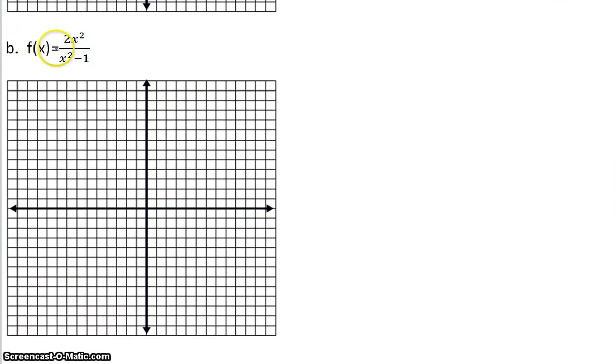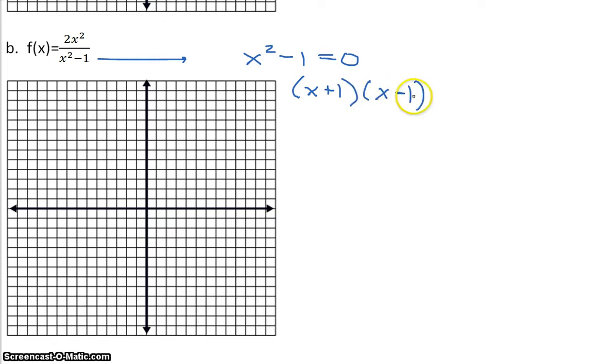So let's take a look at this next one. If we look at the denominator, we're looking for where that's equal to 0. And you can tell that that's factorable, hopefully. So we have this expression. So we have two different answers, plus or minus 1.